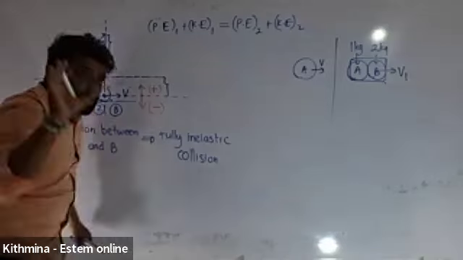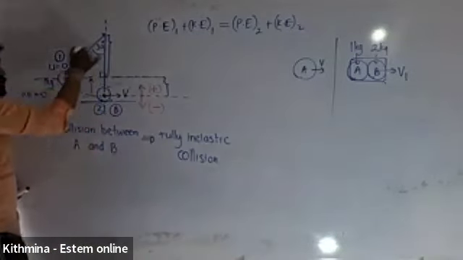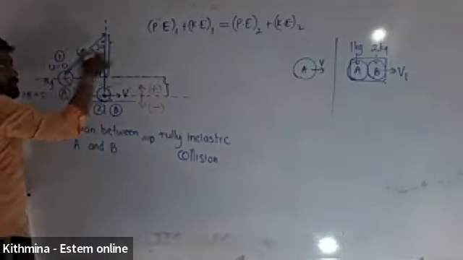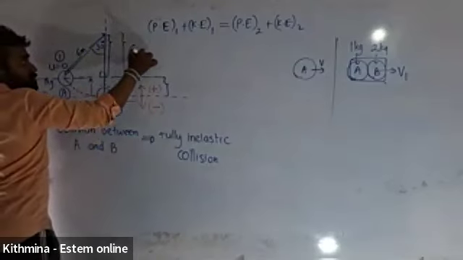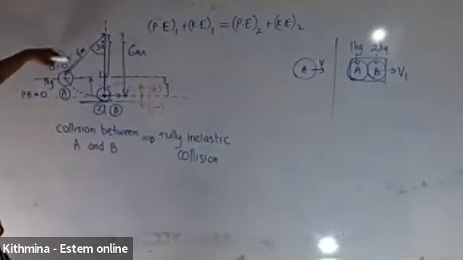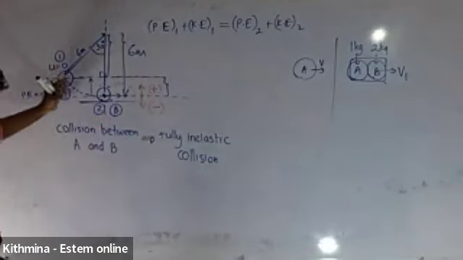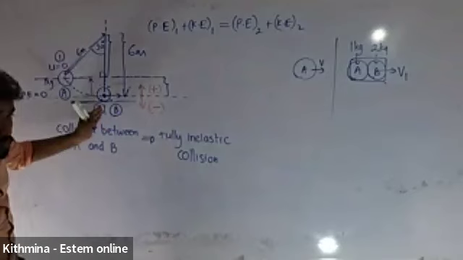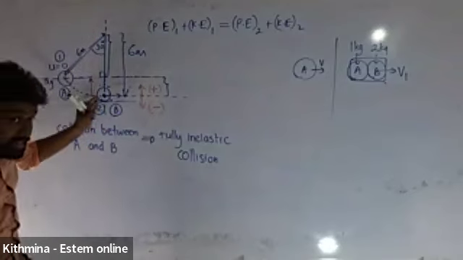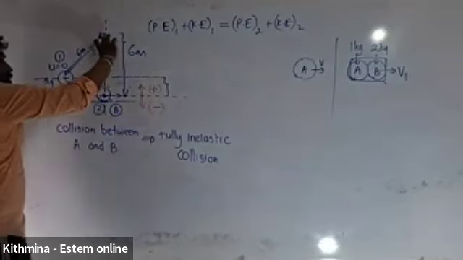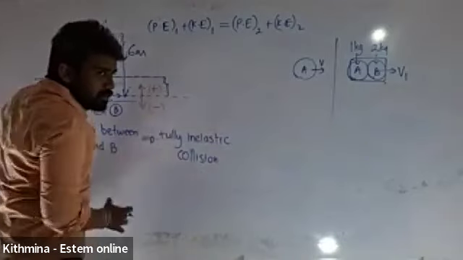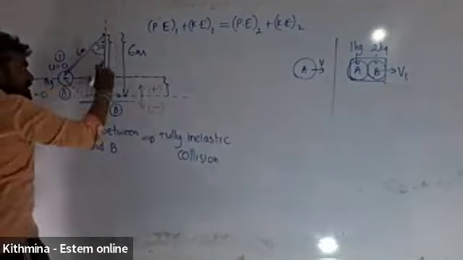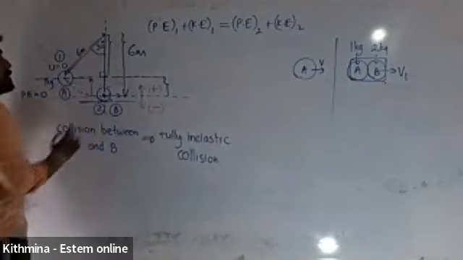This is 6 meters, the height of this is 6. Then the complete line is 6. This distance can be found by simple trigonometry.